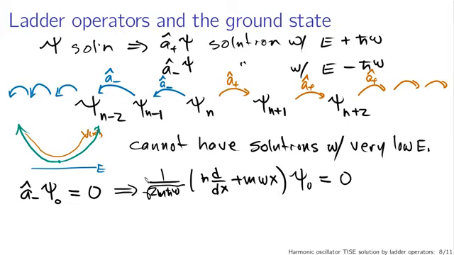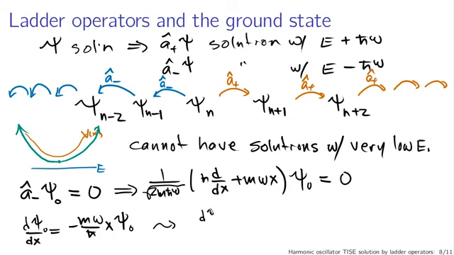This we can solve. This is a relatively easy ordinary differential equation to solve, in fact, because it's actually separable. If you mess around with the constants, you can convert this into the differential equation d psi dx is equal to minus m omega over h bar x psi. And these are now psi zeros, sorry. This can be directly integrated.